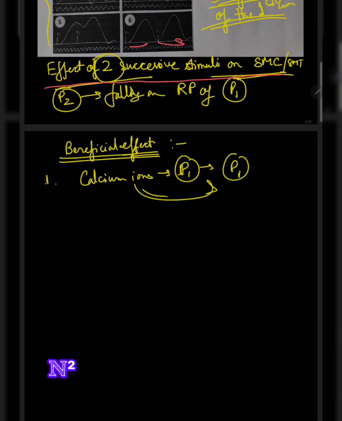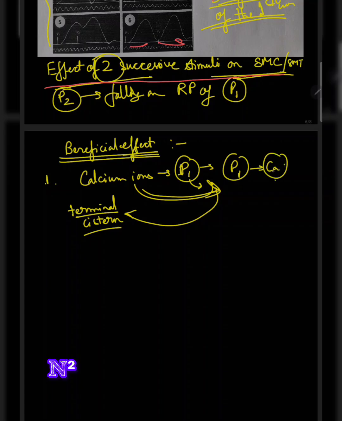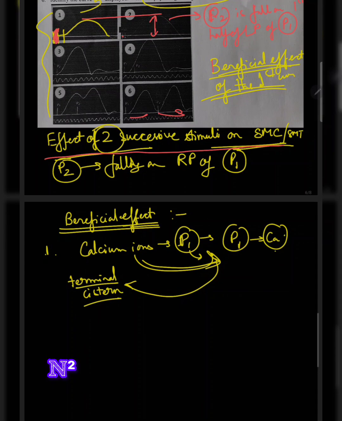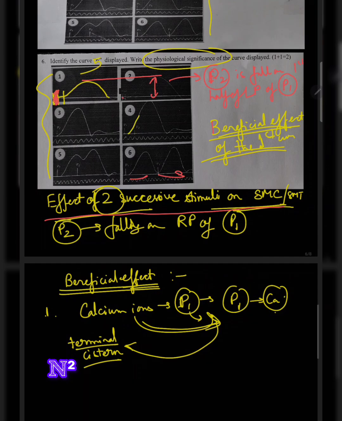After the simple muscle twitch of the P1 curve is completed, some of the calcium will revert back to the terminal cistern. But since it is a very closely spaced experiment of two successive stimuli, some calcium will be left, which makes it easy for the next curve to show the response, and that's why you are getting a bigger response.